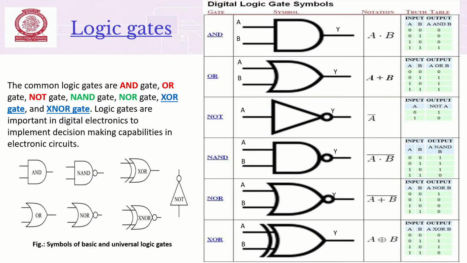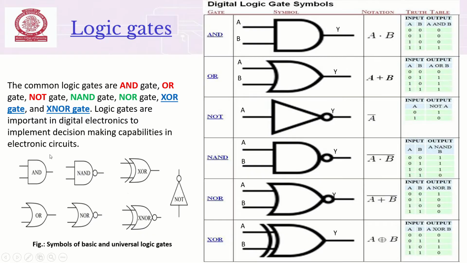There can be a number of inputs to our gate, but the output will be one. The most common gates, called basic logic gates, are AND, OR, and NOT. The universal gates are two, that is NAND and NOR. And XOR and XNOR gates are also there.